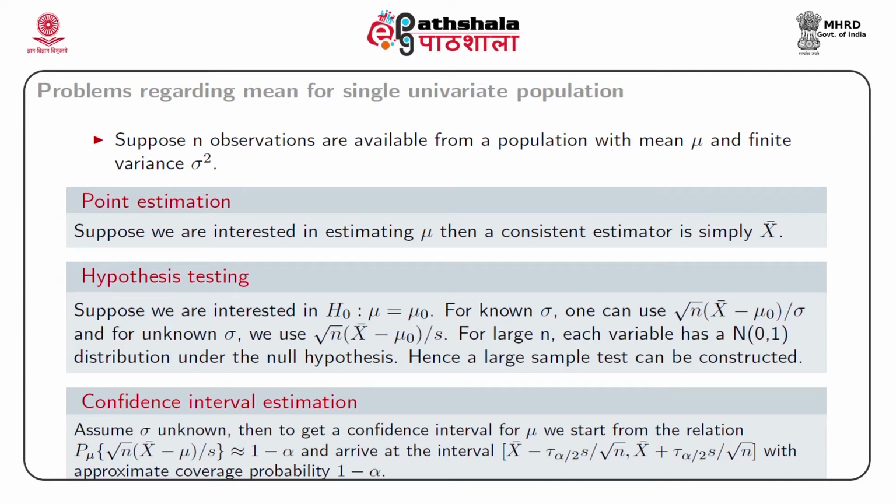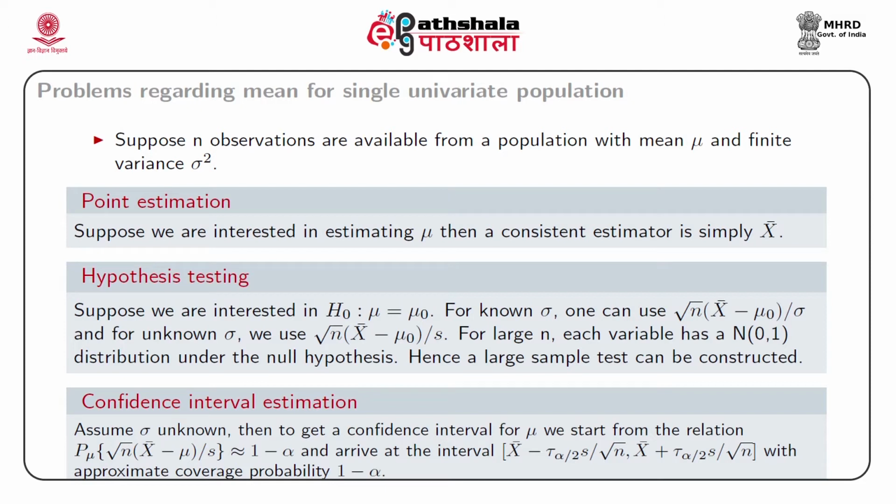And then proceeding in an obvious way, we arrive at the random interval with endpoints x bar minus tau alpha by 2 multiplied by s by square root of n and x bar plus tau alpha by 2 multiplied by s by square root of n with approximate coverage probability 1 minus alpha.